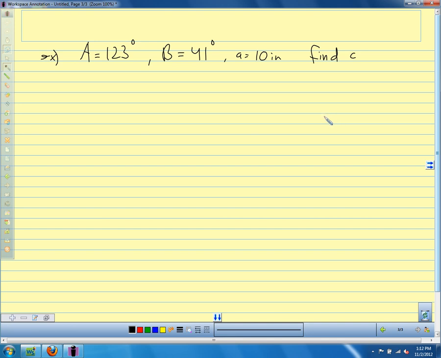What I suggest when you do problems with law of sines is always sketch out a little triangle. So this is 123 degrees. It doesn't really matter how you sketch it. I'm going to say this is A, B, and C. So this angle is 123 degrees, thank you.